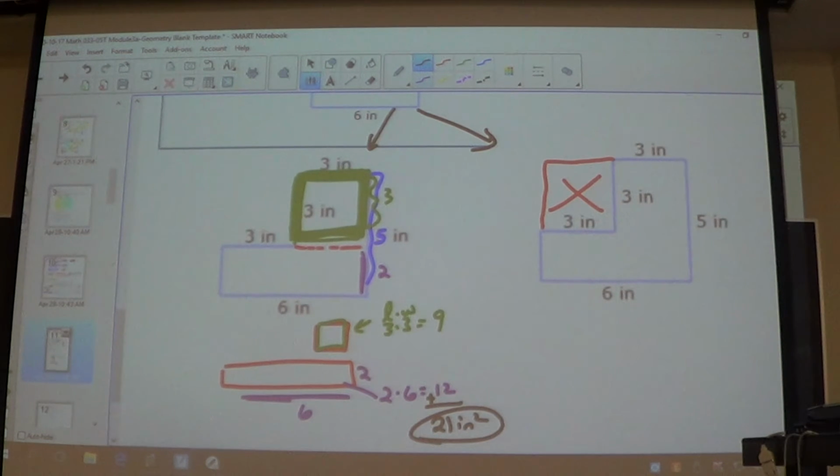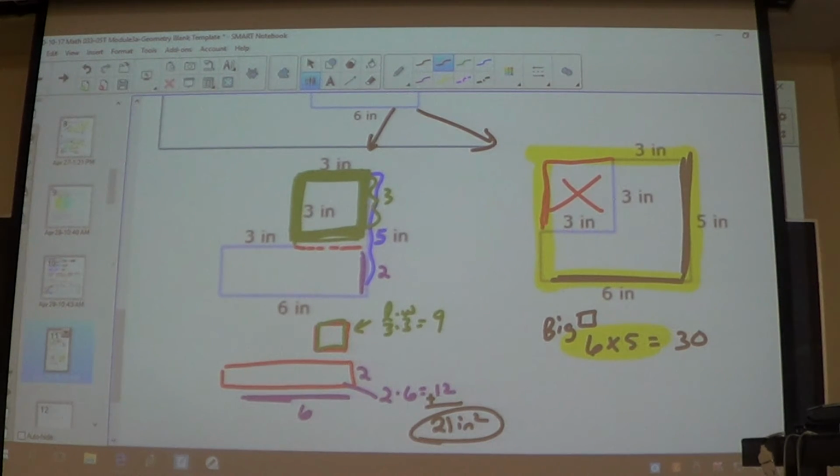Let's treat it as a whole sticky note. Let's fill it in. What is the total height and total width of that whole sheet of paper? 6 times 5. So the big rectangle is 6 by 5, which is 30.